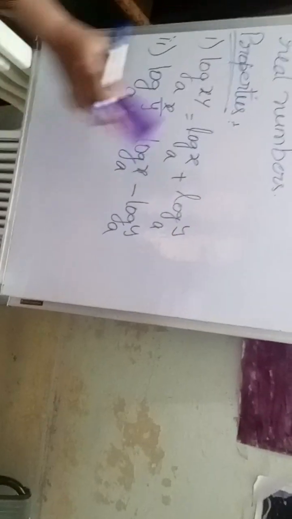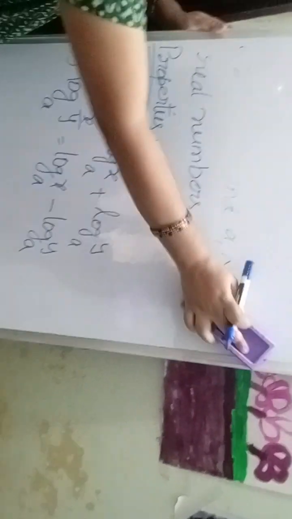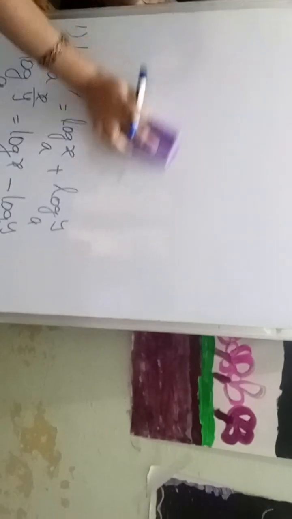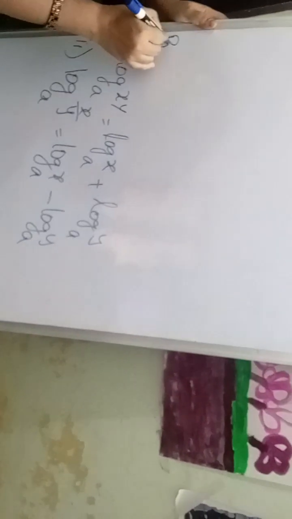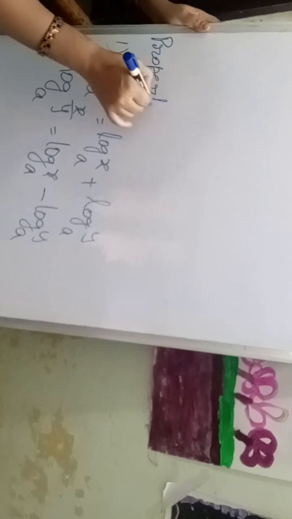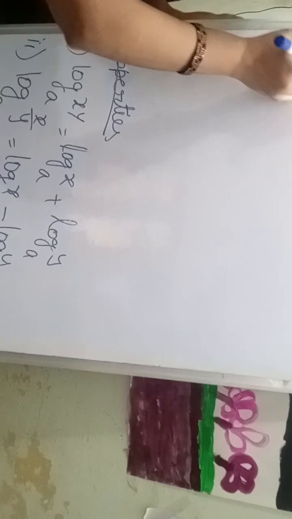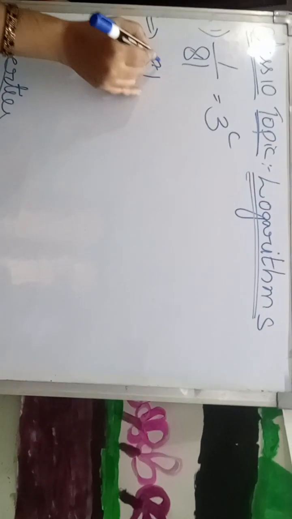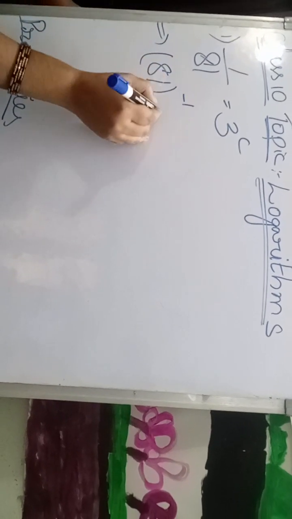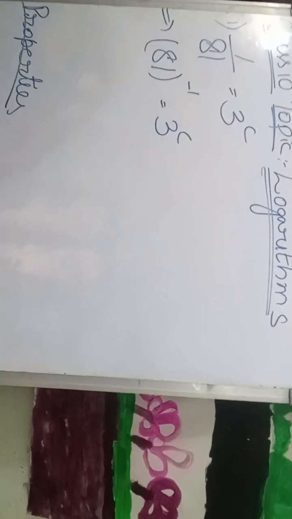Okay, these are the properties, and let us see one example. 1 by 81 equals 3 power c. We can write 1 by 81 as 81 power minus 1 equals 3 power c.